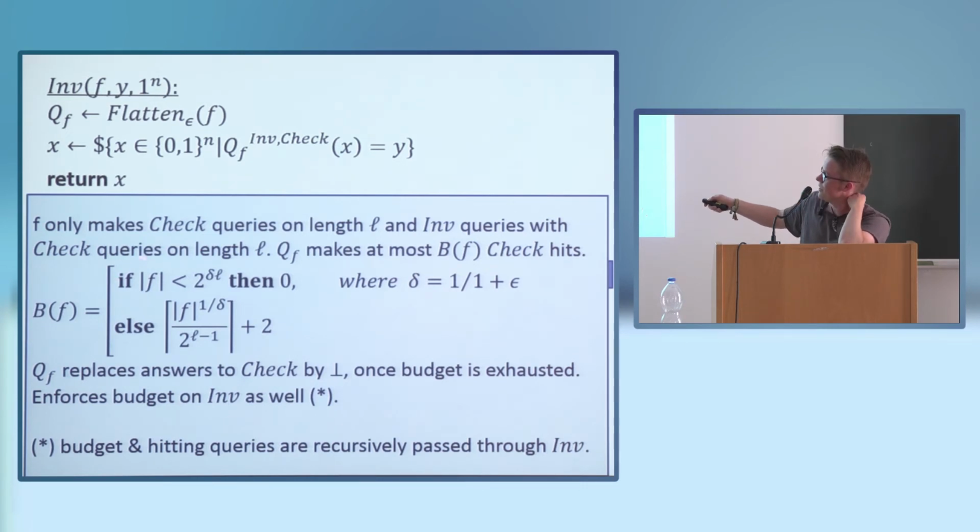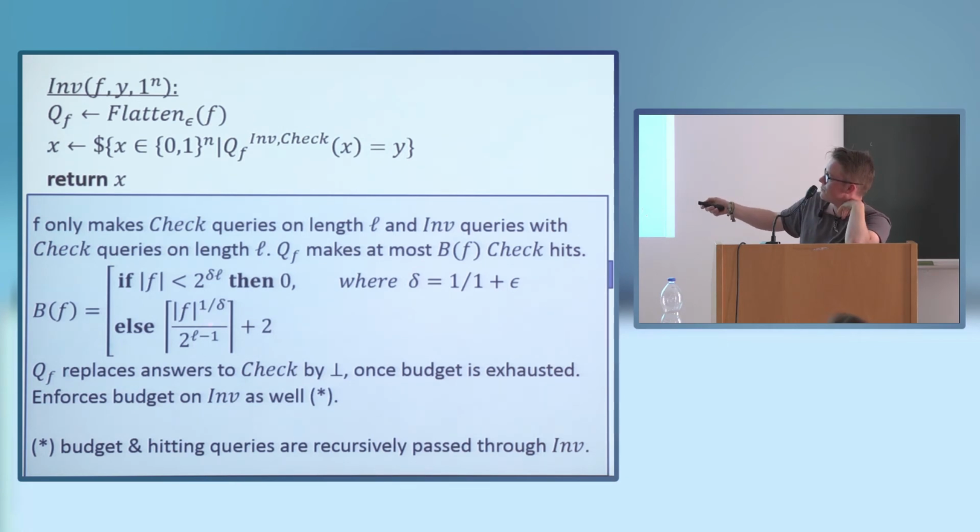Well, if f is very small and makes much less queries than 2 to the L. What is L? f only makes check queries on one length, on length L. And if f makes far too few queries to have a chance of getting a hit, then we replace all queries to check gates by bot, because the function will still almost be exactly the same, and inversion will still work.